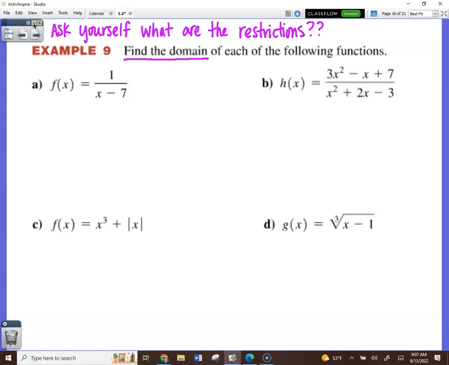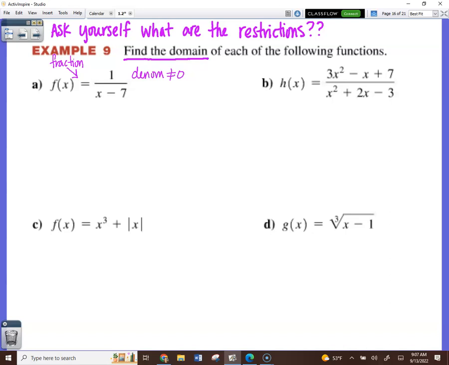So I want you to make a little note. This is me trying to take notes so that your mind will start to think this as you're practicing. This is a fraction, and you need to remember that the denominator cannot equal 0. That is going to guide you to the domain. If the denominator cannot be 0, you need to state then what's off limits.